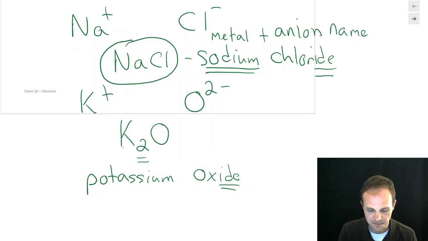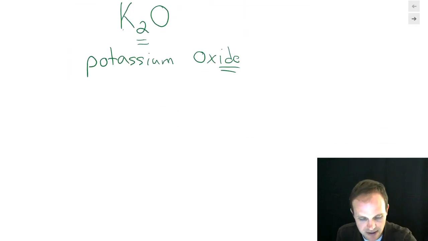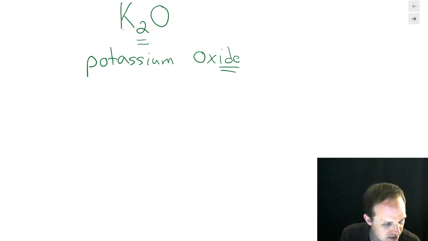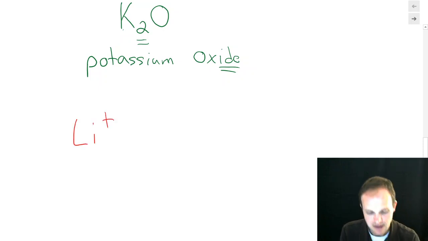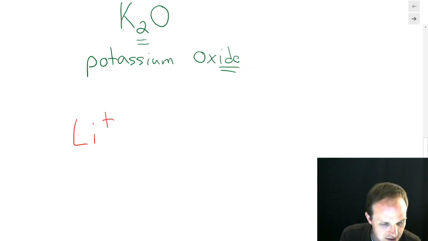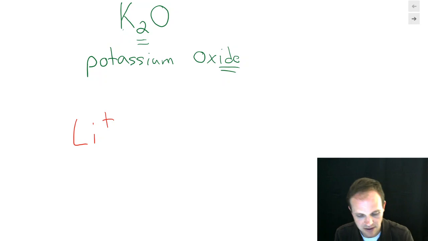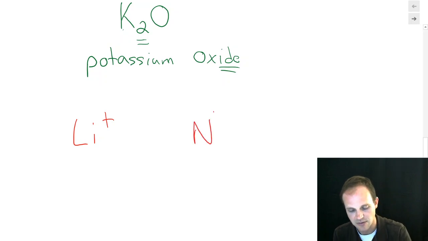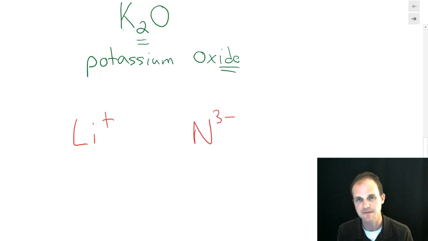Let's do some more. Let's go ahead and try some, I don't know, sodium. No, we just did sodium. Let's do lithium. Lithium we know has a +1 because it's an alkaline metal, and we're going to go ahead and combine that with nitrogen, which we know has a 3 minus, right?